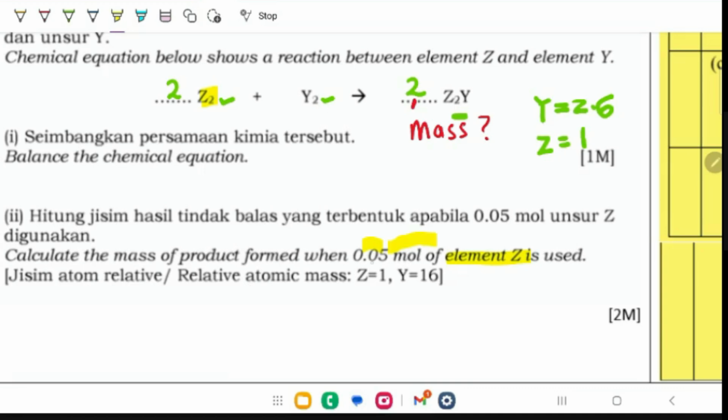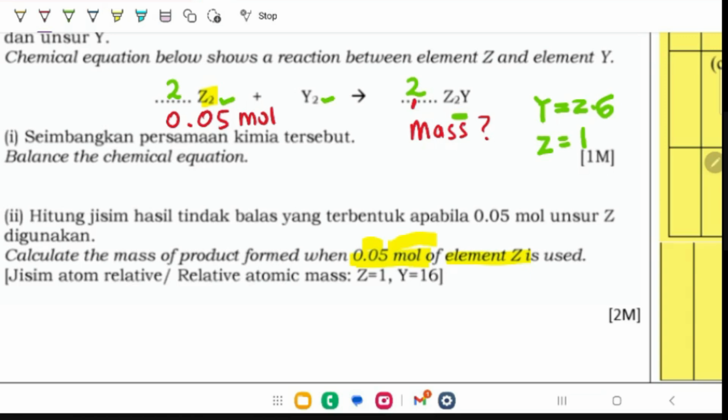Here you have the mole already, so no need to count. If you are given the mass, then you have to find the mole first. Let's say now this one is 0.05 mole.